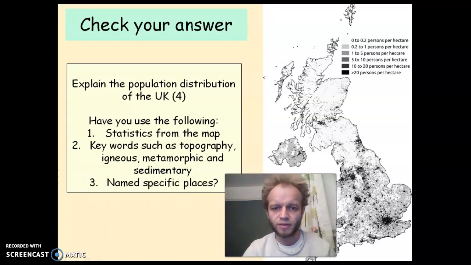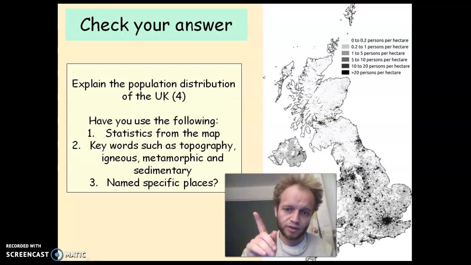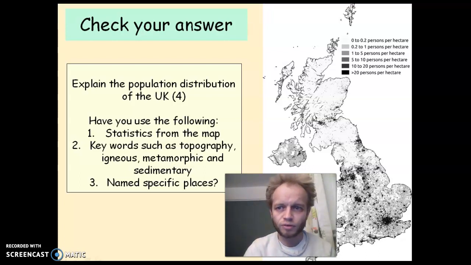Okay, so just check your answer. For your answer, you should have included some statistics from the map. You'll see in the corner you've got some figures which should be in your answer. We want to use keywords, so you're explaining what the pattern is in here.